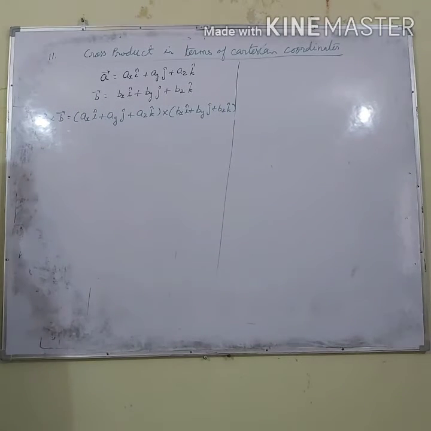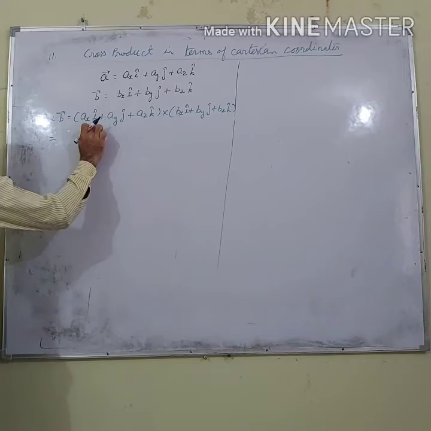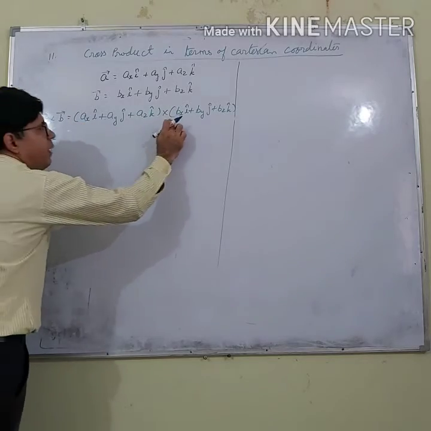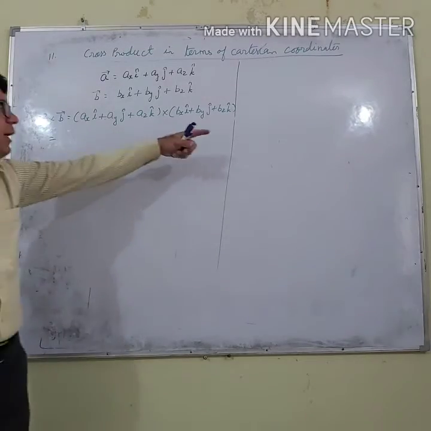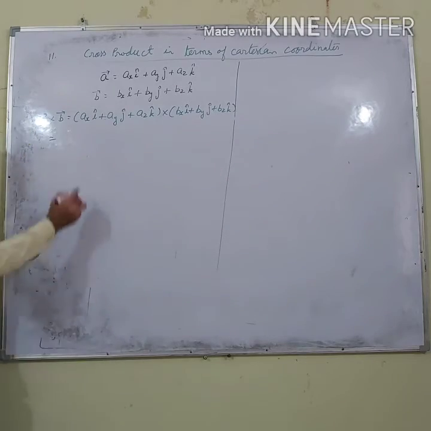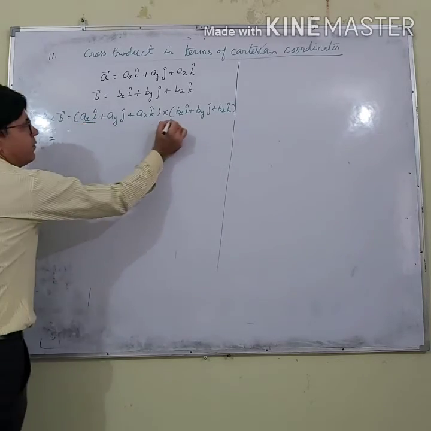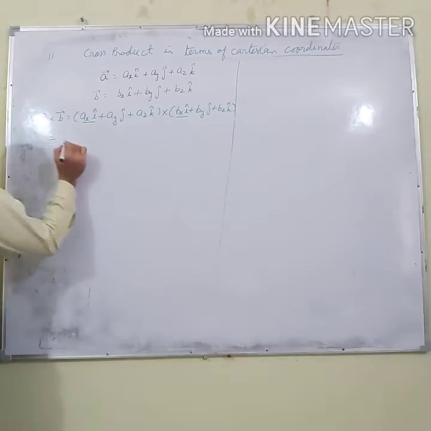Let us find it out. First I will multiply AX i cap with vector B, that is BX i cap, BY j cap, BZ k cap, one by one. So first I am multiplying it with BX i cap.